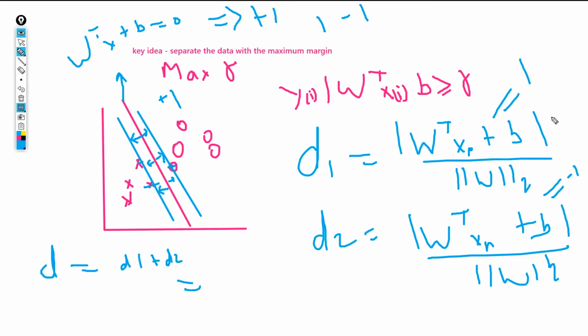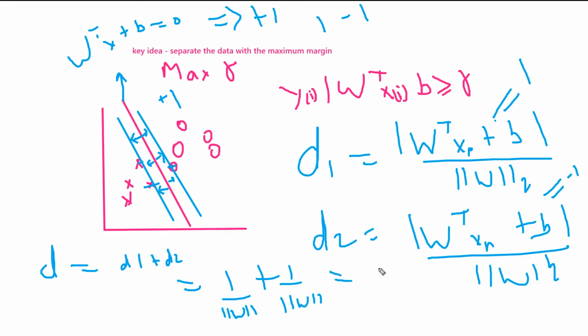That is going to be 1 plus 1. Let me just write this. This is going to be the output, and this is a positive one, not a negative one, because we are using the mode, and this is going to be 2 divided by the norm of w. So this is the distance that we have to maximize now.